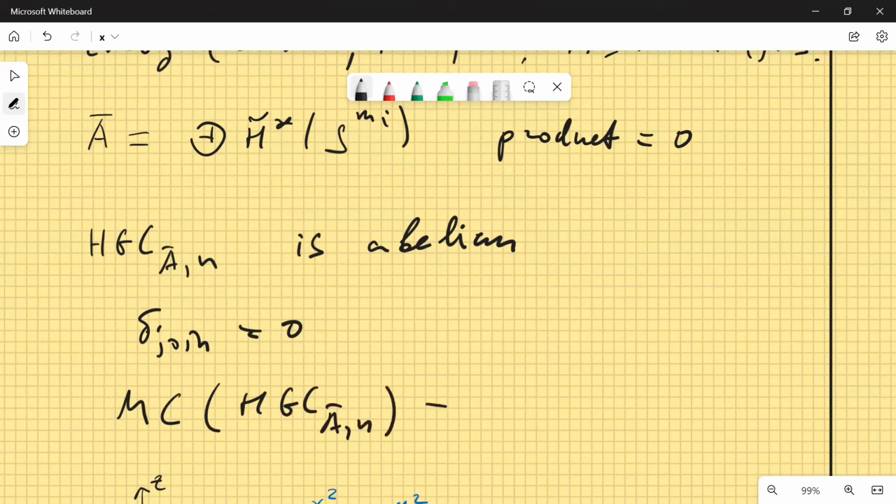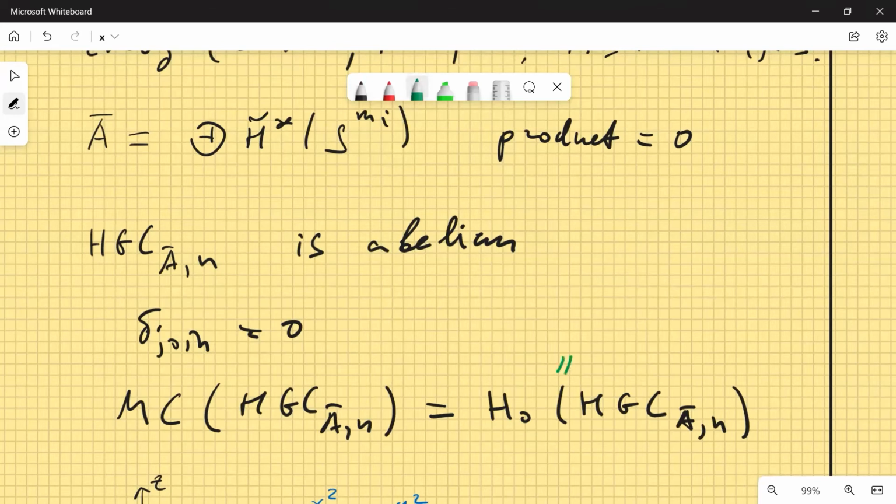And this is going to be just the degree 0 homology of the hairy graph complex. And this set can also be described as a set of unitrivalent trees of degree 0 modulo IHX relations.